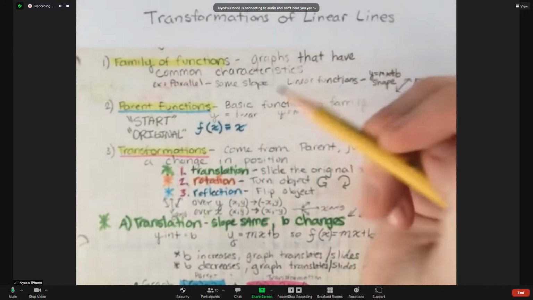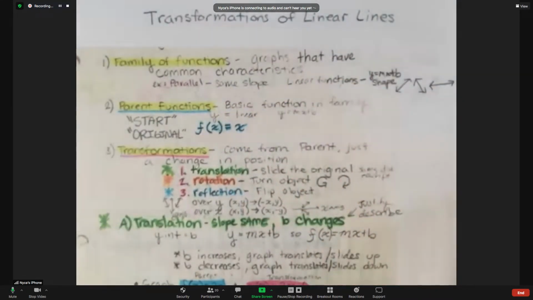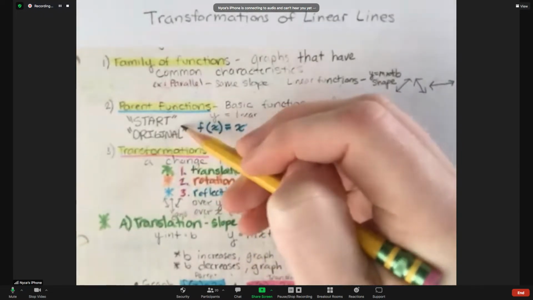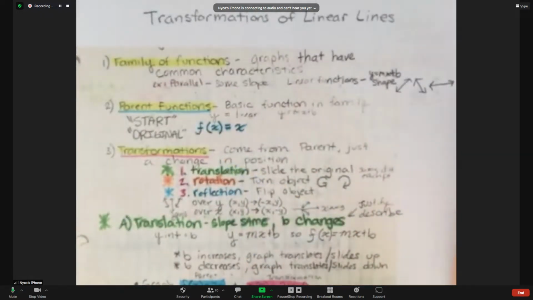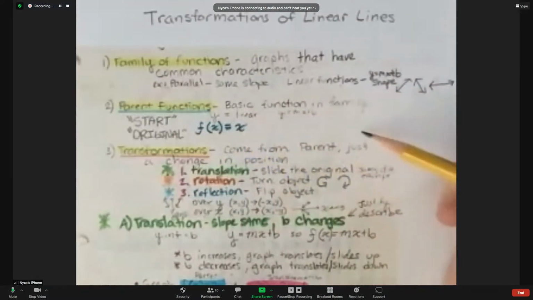Keep in mind from yesterday's lesson, in order for lines to be parallel, the slope must be the same. So you're going to be looking at the characteristics of the equations to help determine what type of function transformation is taking place. You're also going to hear the word parent function. That parent function just means it's the start, it's the original. You are taking technically this line and then moving it.